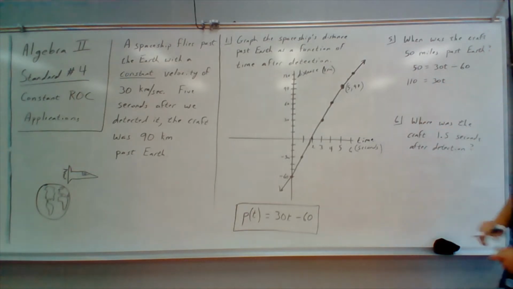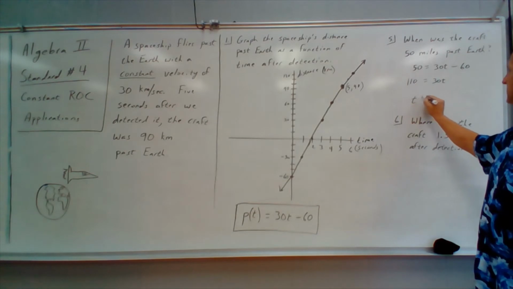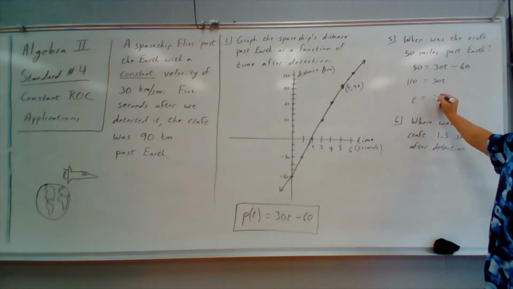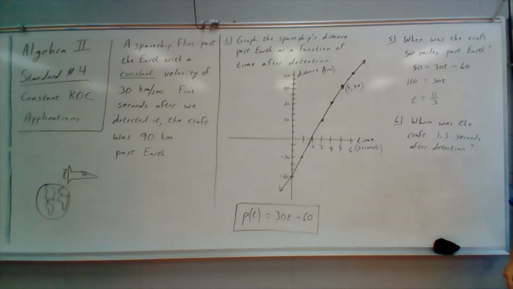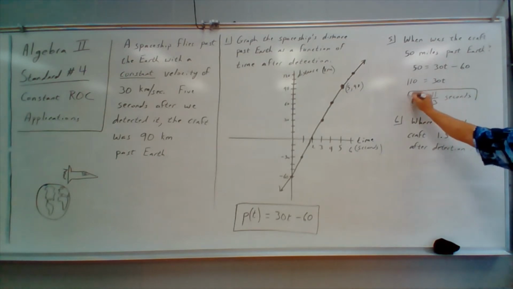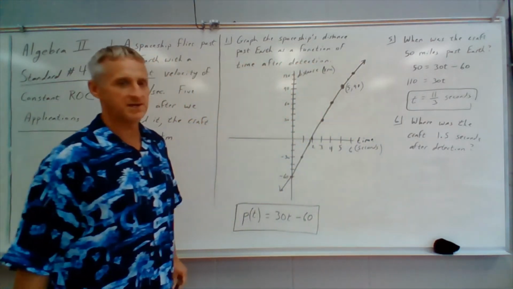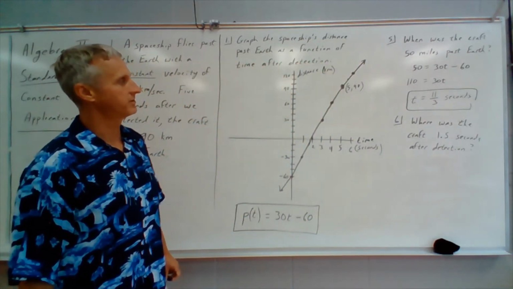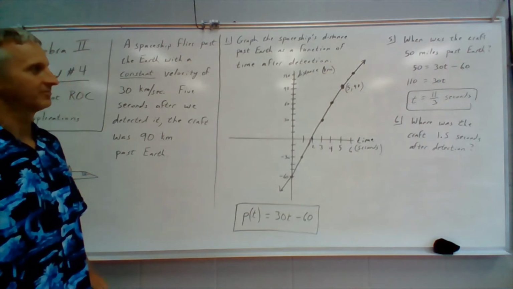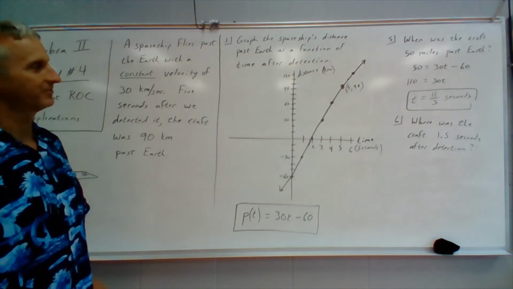Divide both sides by 30, and I get t is equal to 11 over 3. 11 over 3, what? That would be seconds. So 11 over 3 seconds. 11 over 3 is 3 and 2/3, since 3 will go into 11 3 times with 2 left over.